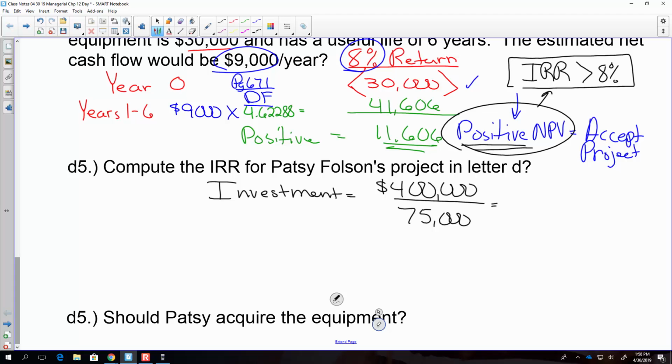What I'm doing now with this division is I'm computing the discount factor. Olivia, what's my discount factor here if I divide these two numbers? Okay. What table do we look at then to get the interest rate?